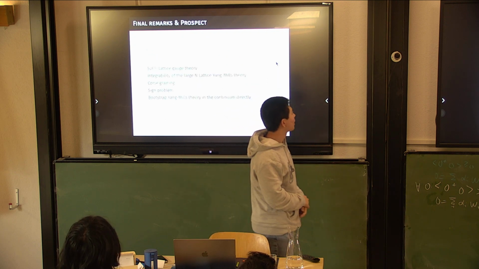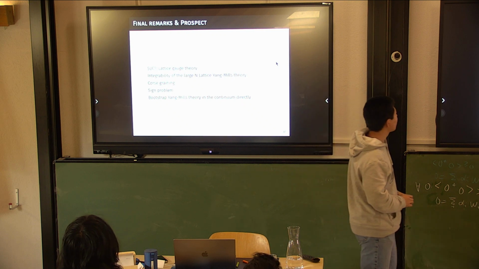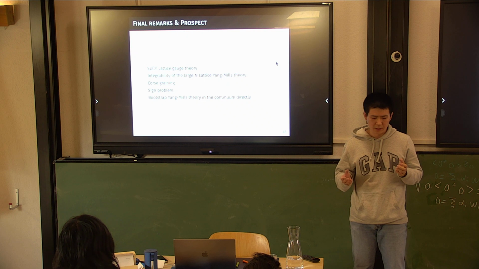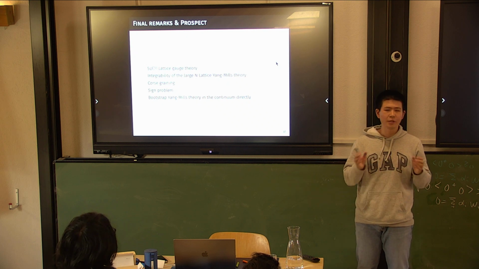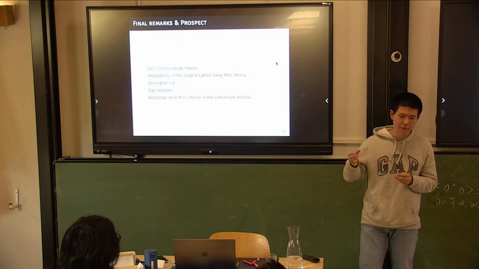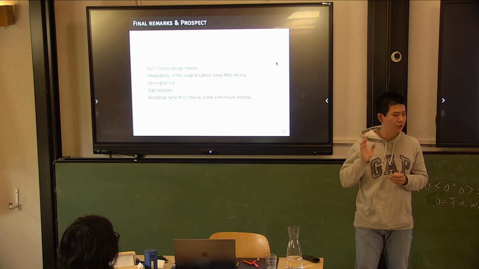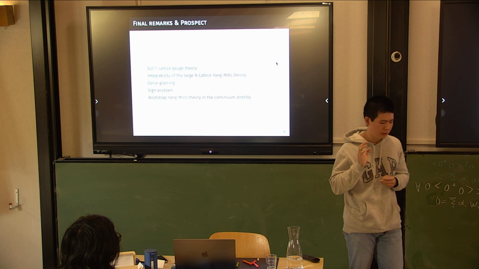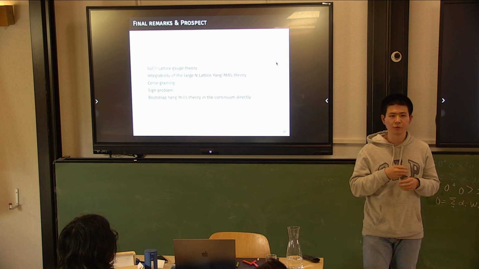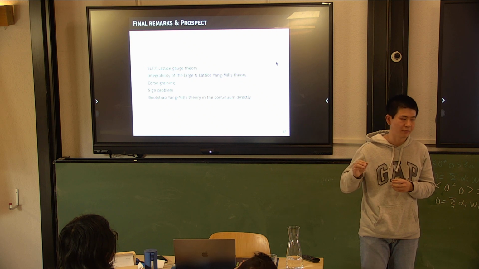Okay, final remarks. So the first remark is about SU3 lattice gauge theory. What's the difficulty? Is it some difficulty in principle, or can our story of SU2 generalize to SU3? I would say from my current understanding, the difficulty is in terms of coding, because you need to write some code to systematically generate this double trace Wilson loop.